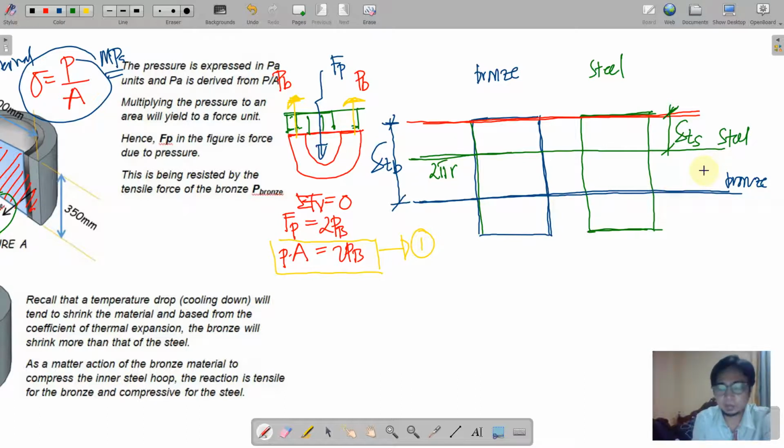So of course, because of resistance, sabi ko nga iniipit yung steel, pinipigilan ng steel yung paghaba ng bronze, there will be now a stretch on the bronze rod. Okay? So what is the stress all about? So here I'm going to draw a line boundary beyond the steel.